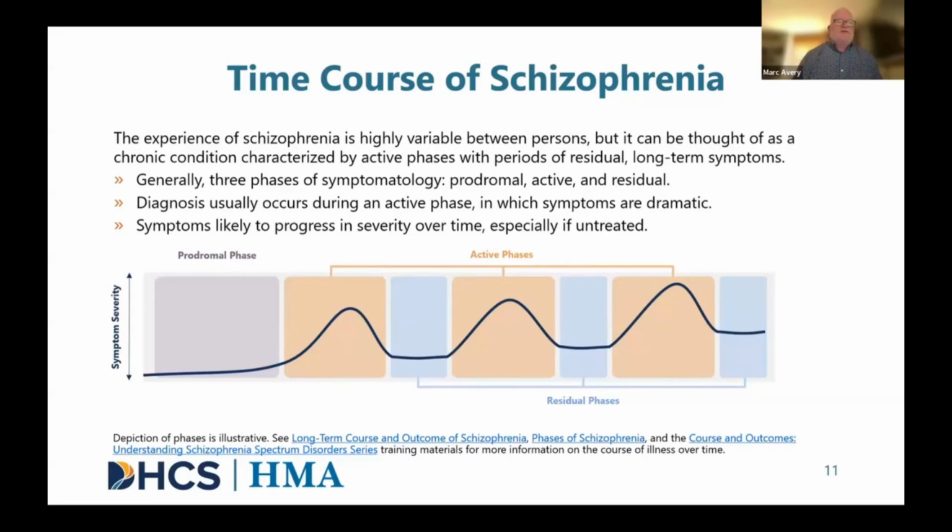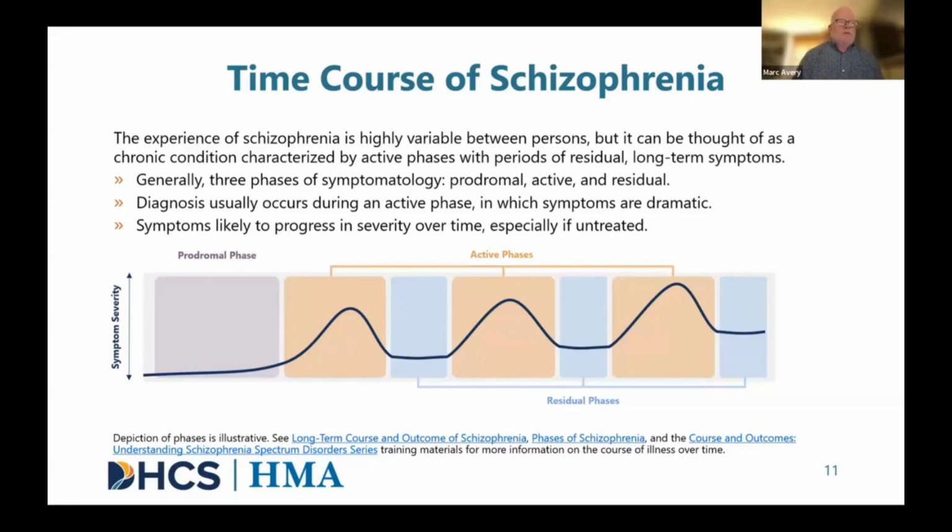The diagnosis of schizophrenia is typically made during one or more of these acute episodes, though there often is a delay, sometimes unfortunately for years, between the onset of symptoms and an accurate diagnosis. During the active phase, episodes are often dramatic and may include an exacerbation of their background symptoms.